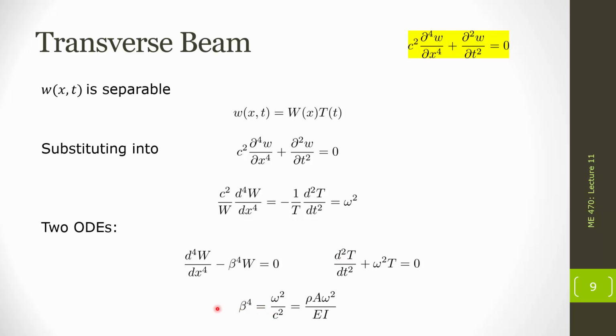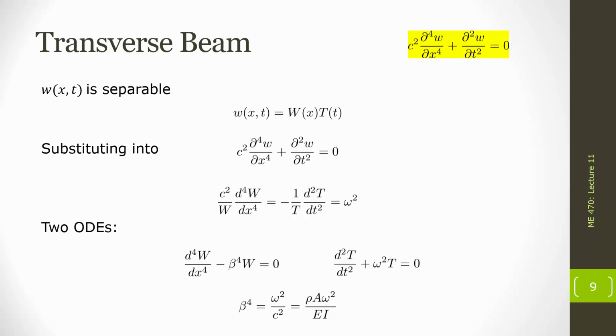And here I am defining a term beta, where beta to the fourth power is omega squared over that c squared that we saw earlier, which is dependent on E, I, rho, and A. So instead of having omega squared, I've rewritten this term. I have a beta to the fourth for my W equation, and we'll see why working with beta is going to make sense as we track down the natural frequencies of our transverse beams and its eigenfunction. So the beta to the fourth is just a construct mathematically that's going to be useful to us.